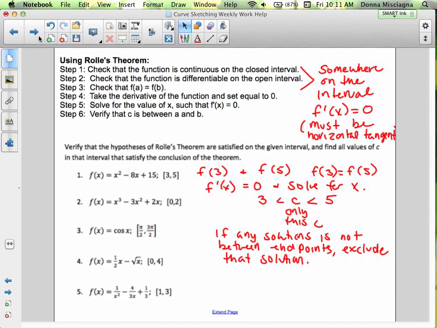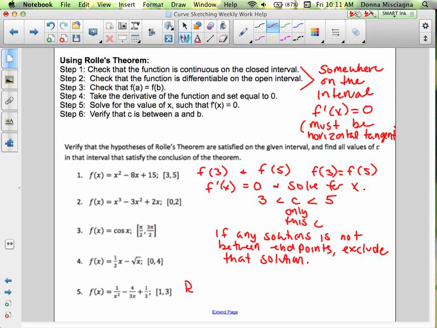There we go. On this group here with Rolle's theorem, you got a whole lot of power rules. They're all power rules except for number 3, which was a trig, the derivative of cosine x. All the rest are power rules. Right? We got to rewrite the 1 over x squared as a negative exponent. Same thing with the 4 over 3x.